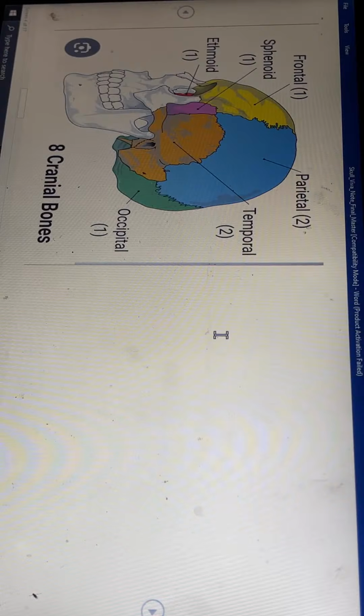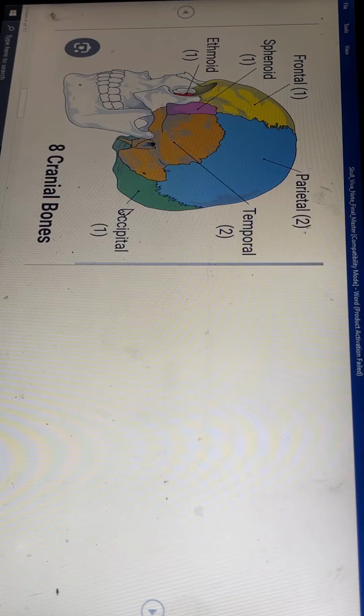So, this is the skull bone. Looking at the skull bone, we have the frontal bones, the sphenoid, the ethmoid, the parietal, the temporal, and the occipital.